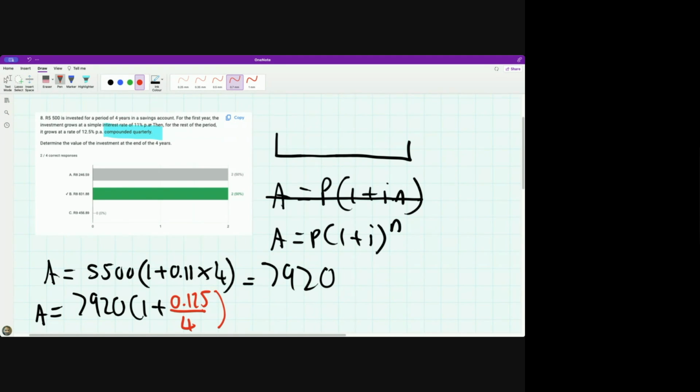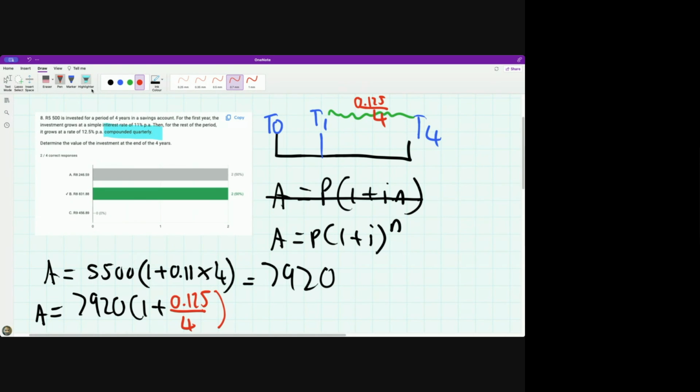But now hold on. I've used up 1 year. It has to grow for 4 years. So I've only got 3 years left. But the problem I have, everyone, is, if you imagine this is T0 and this is T4 and we're working in years, this is T1. So we've now got 3 more years to go. But in this 3-year period, the interest rate is broken up into quarters.